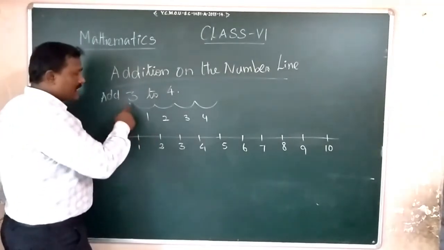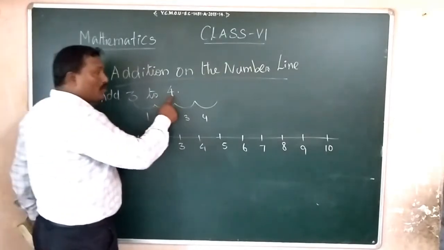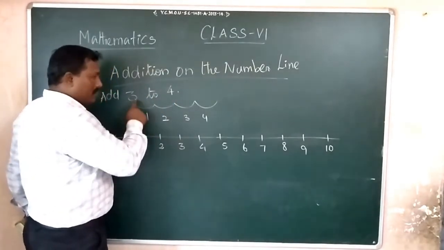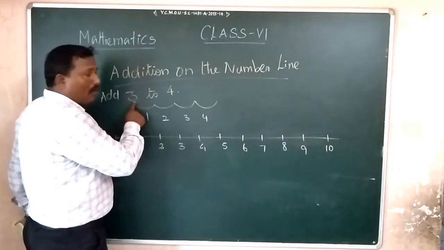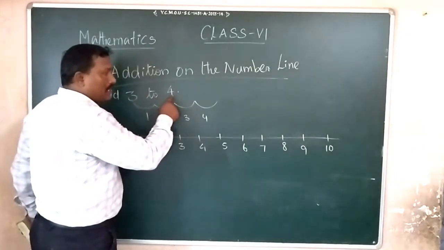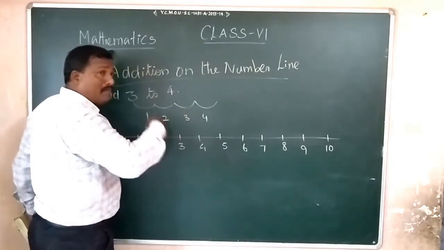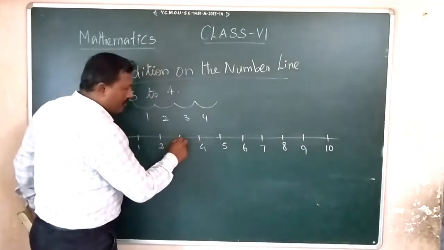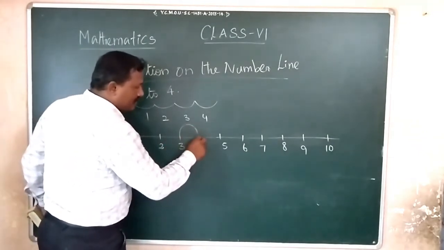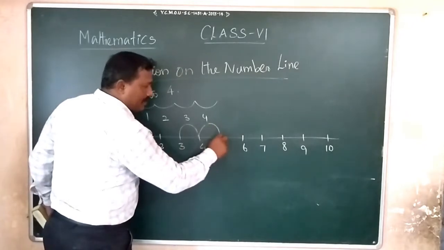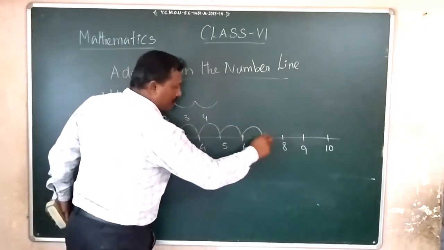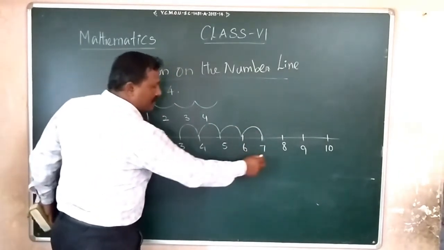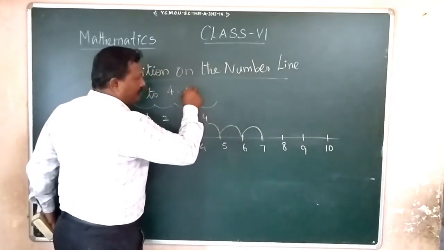So 3 is the starting number, and we need to add 4 to it, so we need to jump 4 times. I will jump first here, 1 jump, second jump, third jump, 4 jump. So what will I get? 3 plus 4, we will get 7.